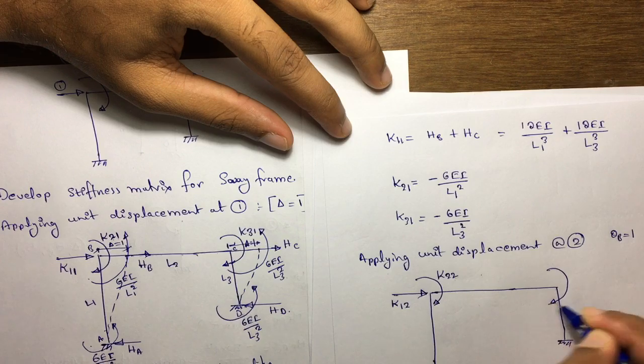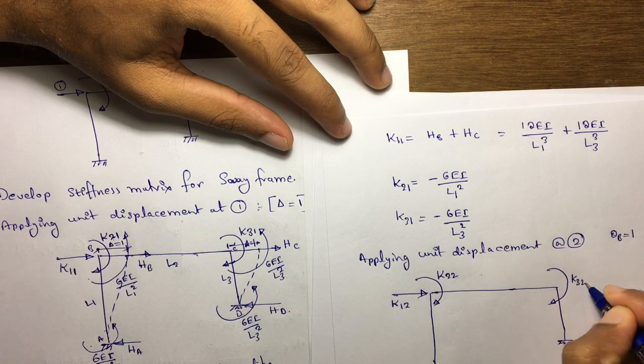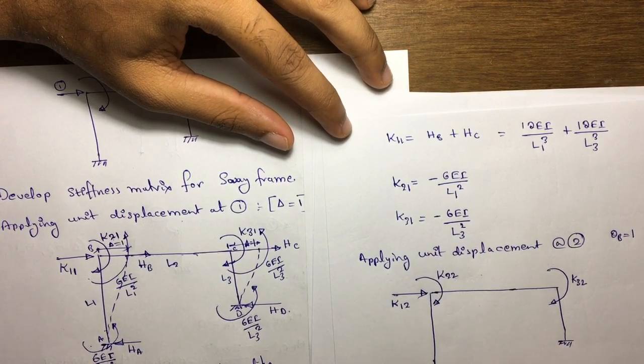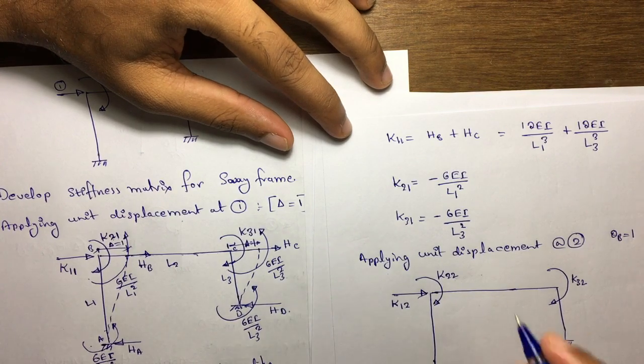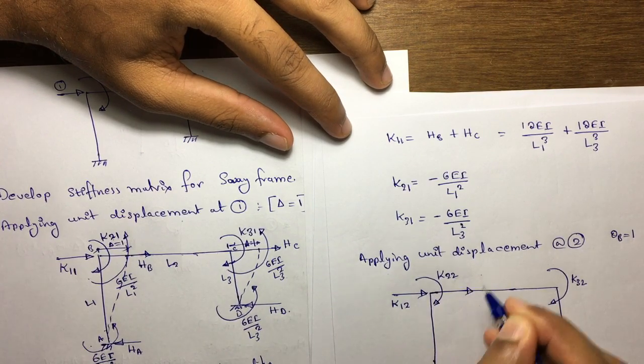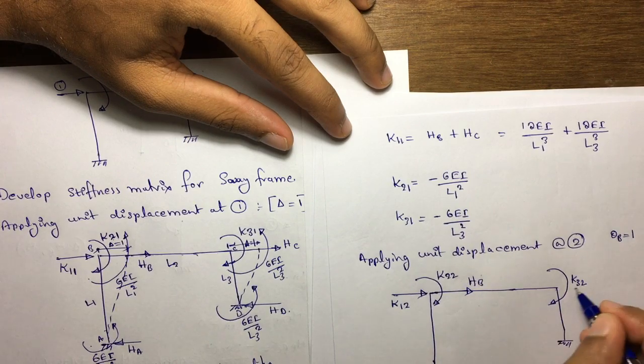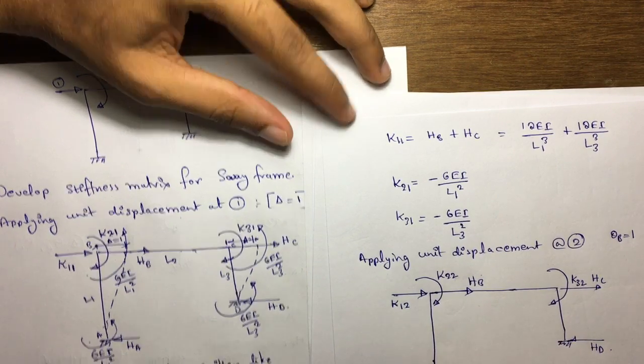Last one, K32, force at 3 due to unit displacement at 2. Again I will draw the reactions. This is HA, this I will take HB, this is HC, then last one HD.